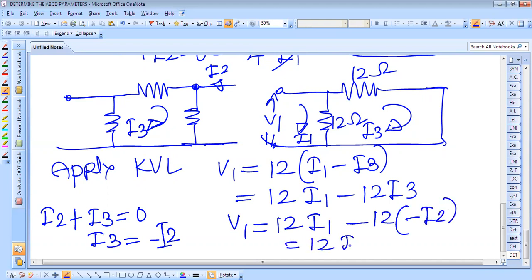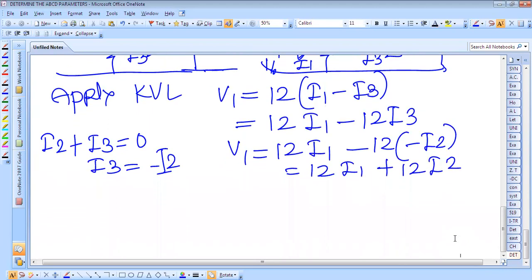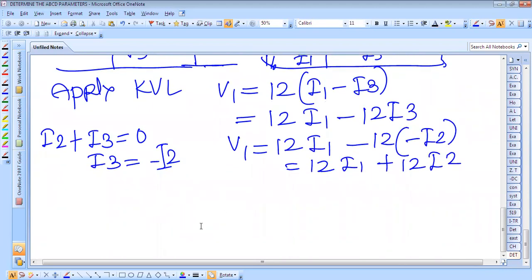Therefore, this is 12 I1 plus 12 I2. This is equation number 5.